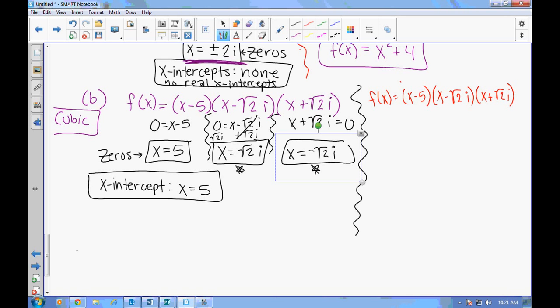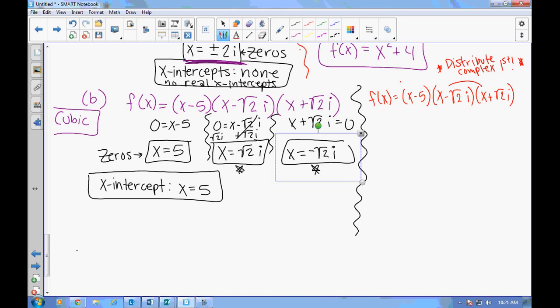Standard form. How are we going to get it into the form x cubed plus an x squared plus an x plus a constant? Distribute. Here's a trick. If you want to make your life easier, distribute the complex roots first. Do the complex first because they're conjugates and those middle terms will cancel out.